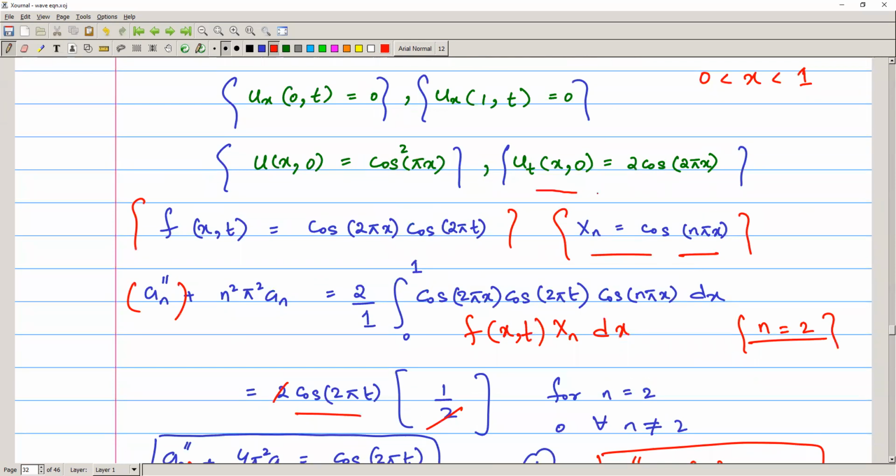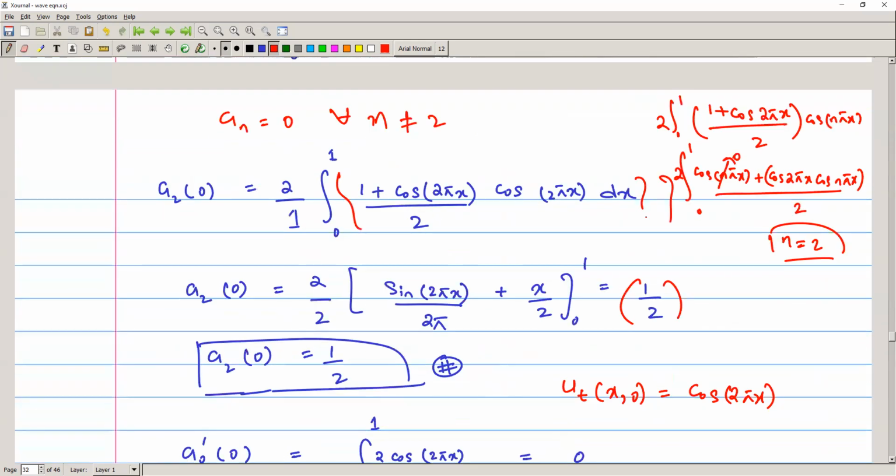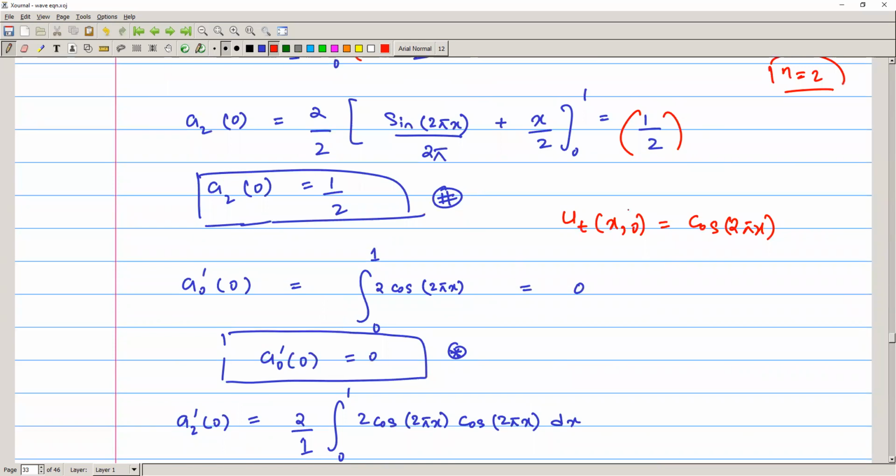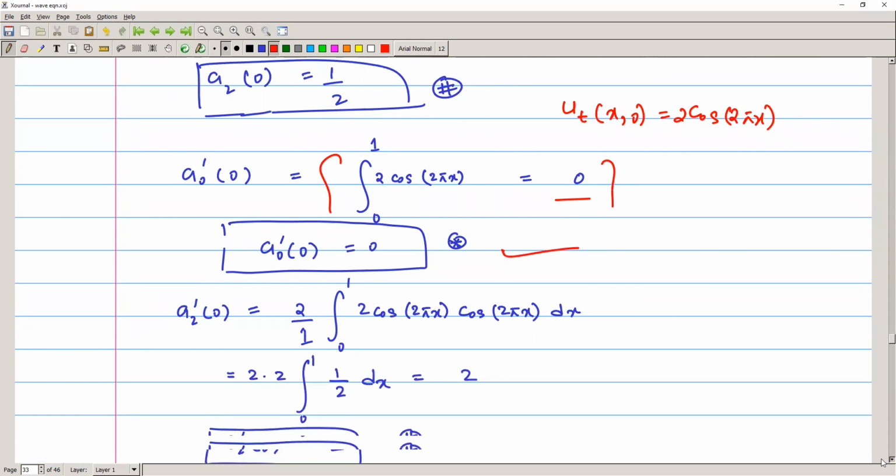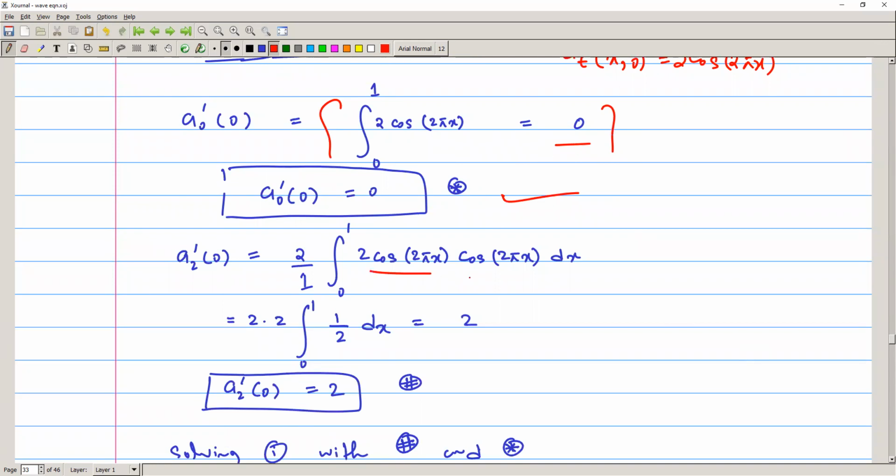Here, this is the value for the initial velocity. So we will integrate this 2 cosine 2 pi x. This will be 0. So a naught prime of 0 is 0. Then a2 prime of 0, 2 cosine 2 pi x times cosine 2 pi x. Again, we will get the solution as 2, right? So a2 prime of 0 is equal to 2.